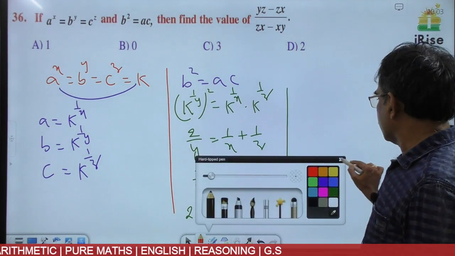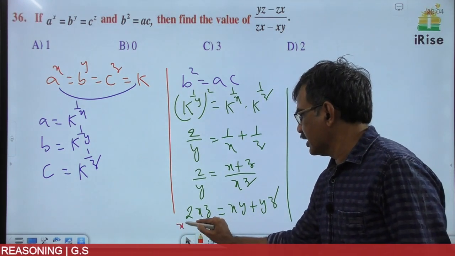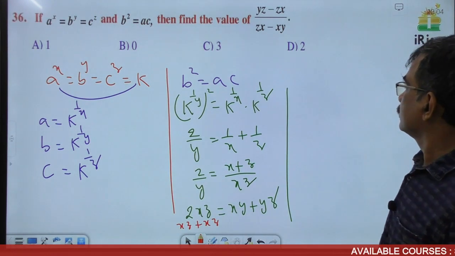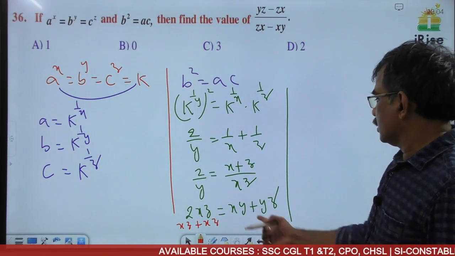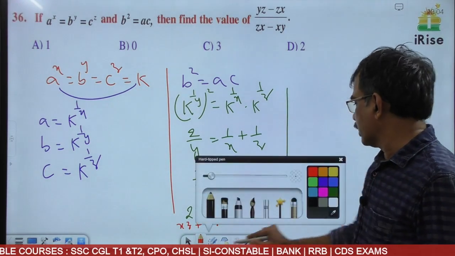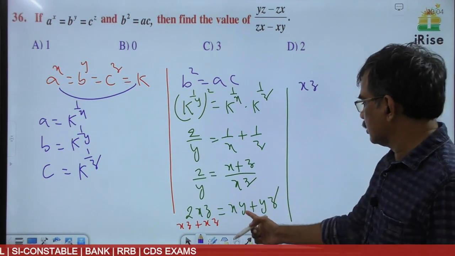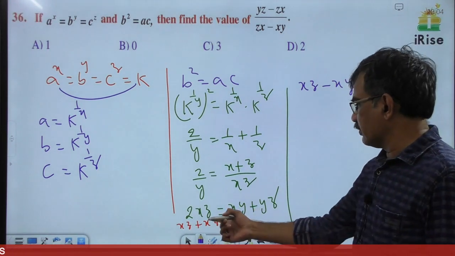Here a very important thing: I want to write this 2xz as xz plus xz. Okay, transfer this to the left side. So I want to write this as xz minus xy on the left hand side.